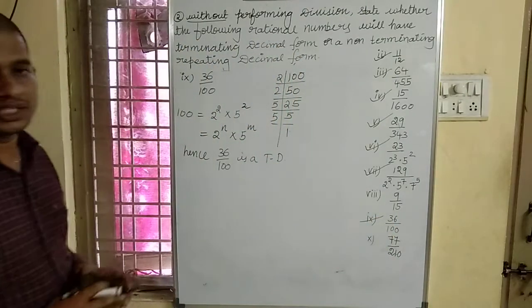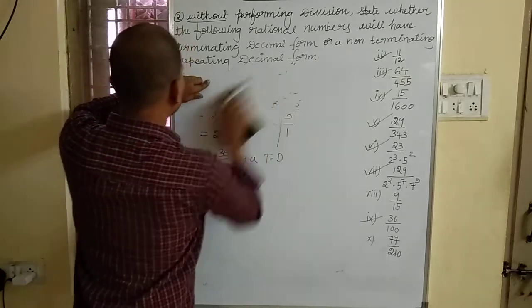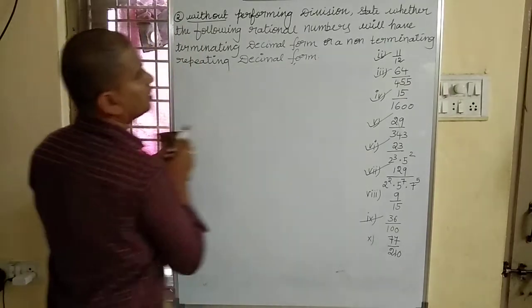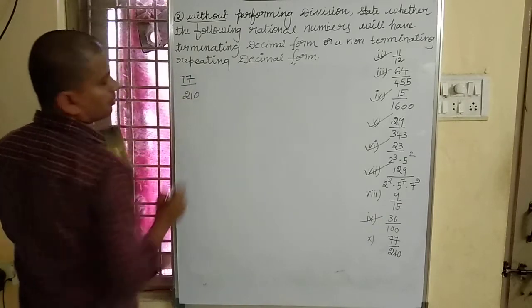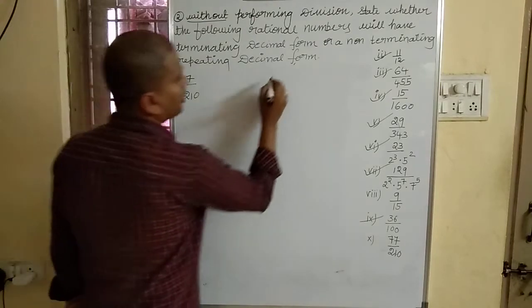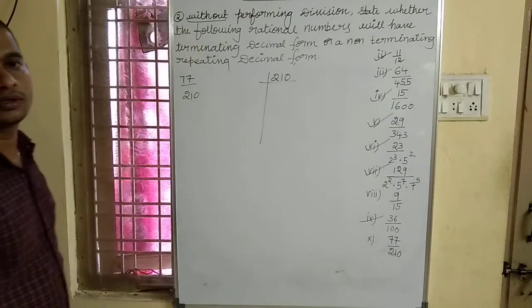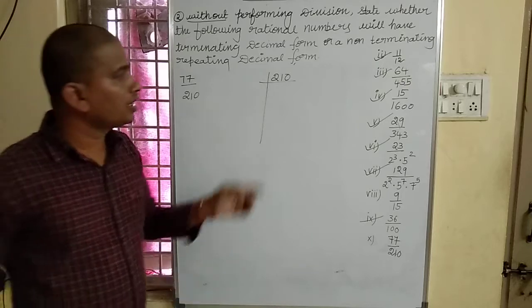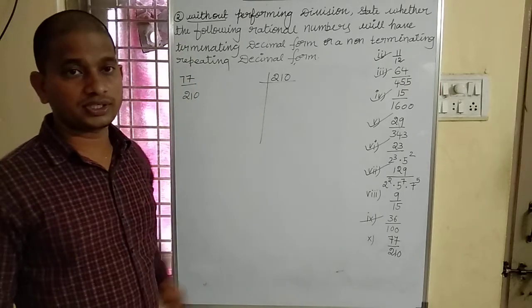And the last question is 77 by 210. Let us find out the prime factors of 210. 210 is the smallest number which we can express as a product of different prime factors.